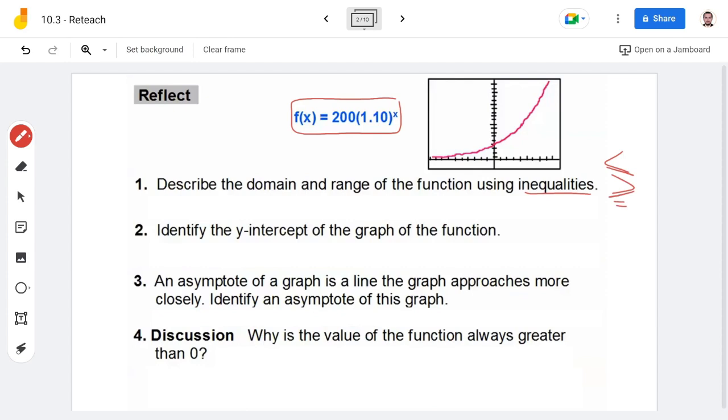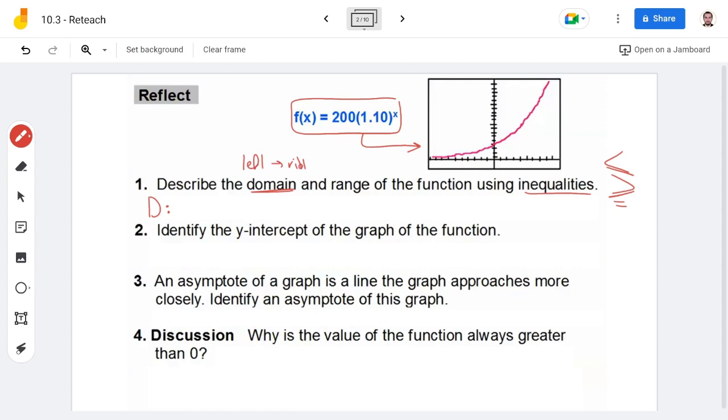Now, we have the exponential function in the pink color here in the graph. We need to describe the domain and the range for this exponential function. Let's start with the domain. Domain is always from left to right.